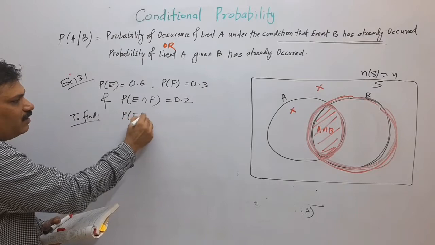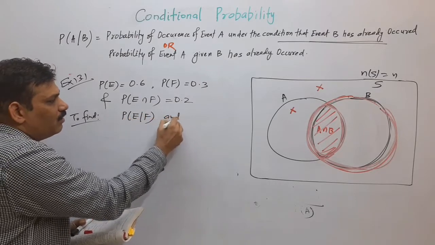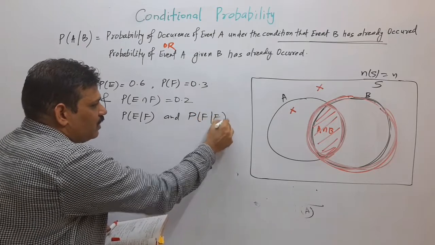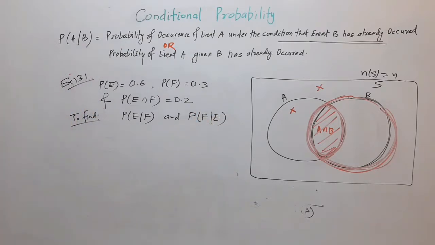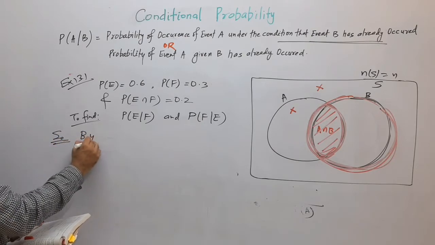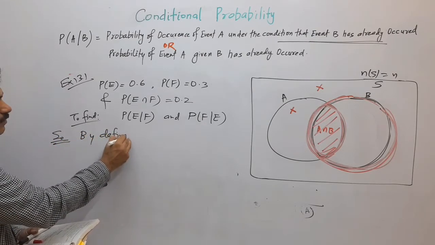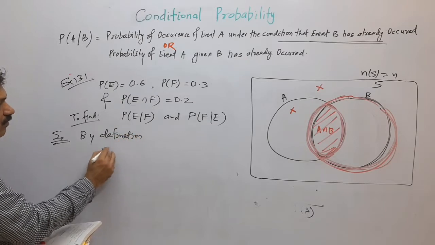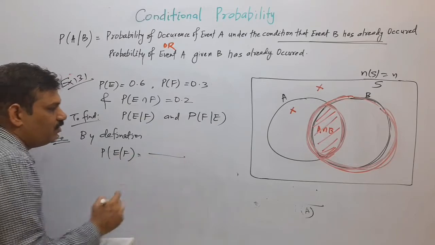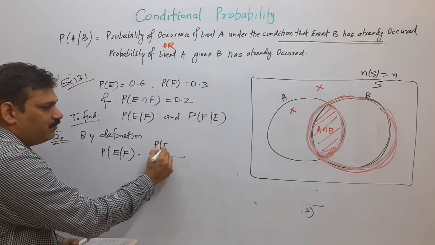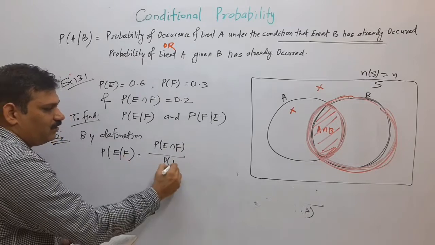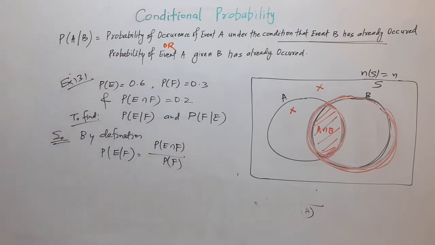We are to find the probability of E given that F has already happened, and also the probability of F given that E has already happened. So by definition, the probability of E given F will be the probability of both events happening together divided by the probability of the event which has already occurred.